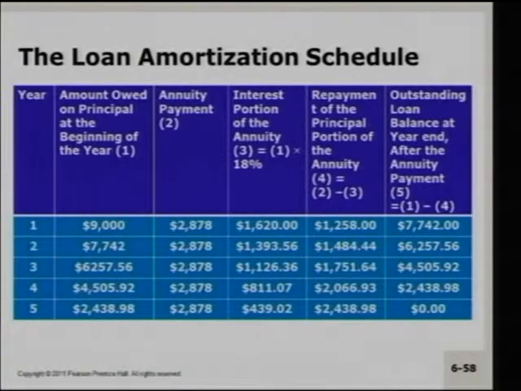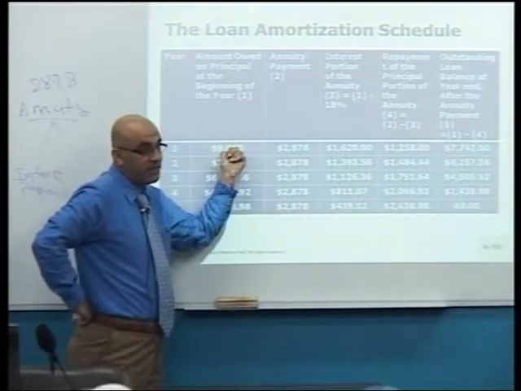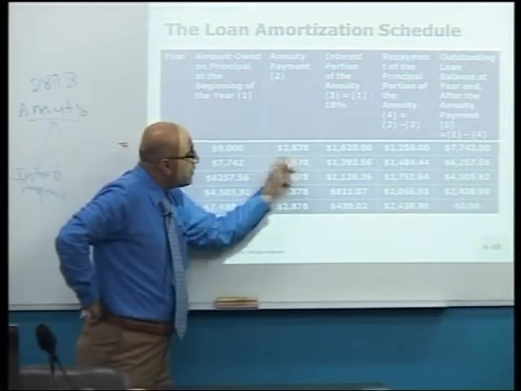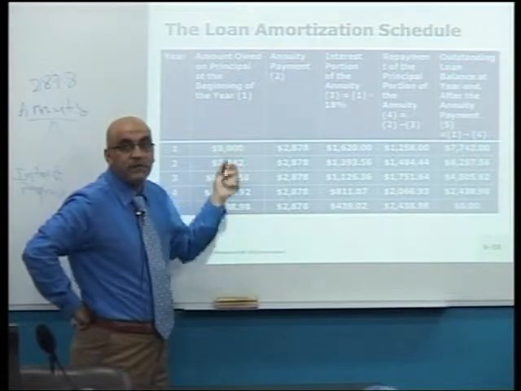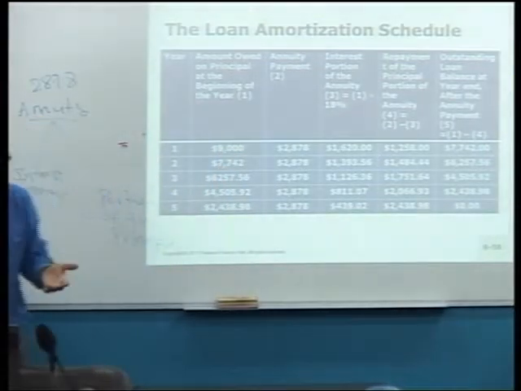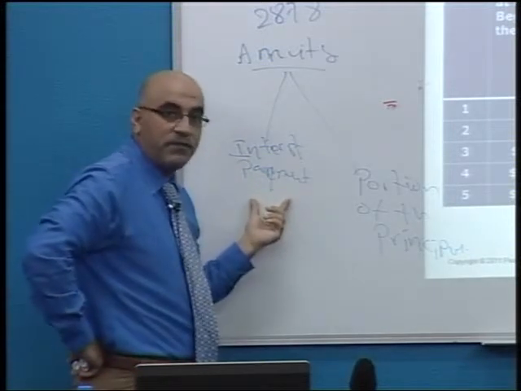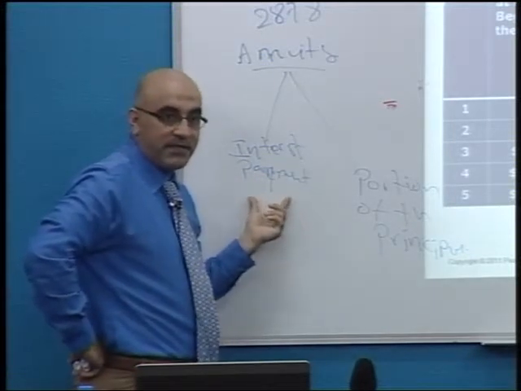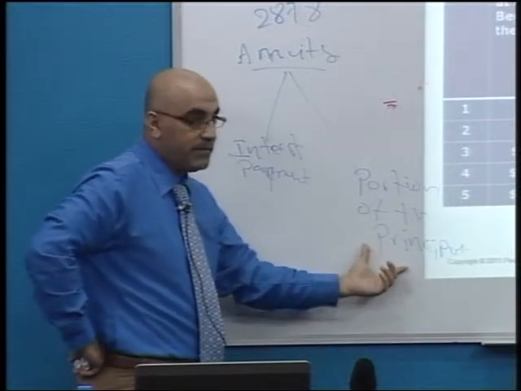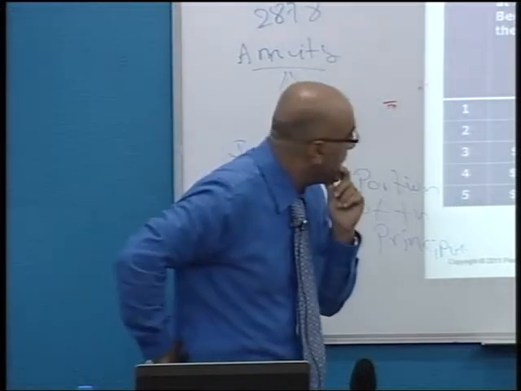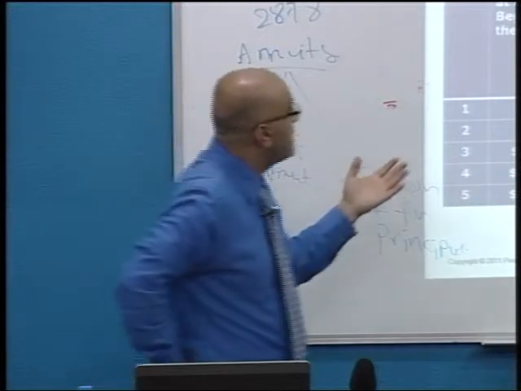Don't think that the $2,878 covers this balance. A portion of this is recovering the balance because the rest is for the interest. And this interest is the benefit of the bank. This is the return of the bank, and this is the portion of the principal. Let's do it in Excel to see how we can use this schedule.